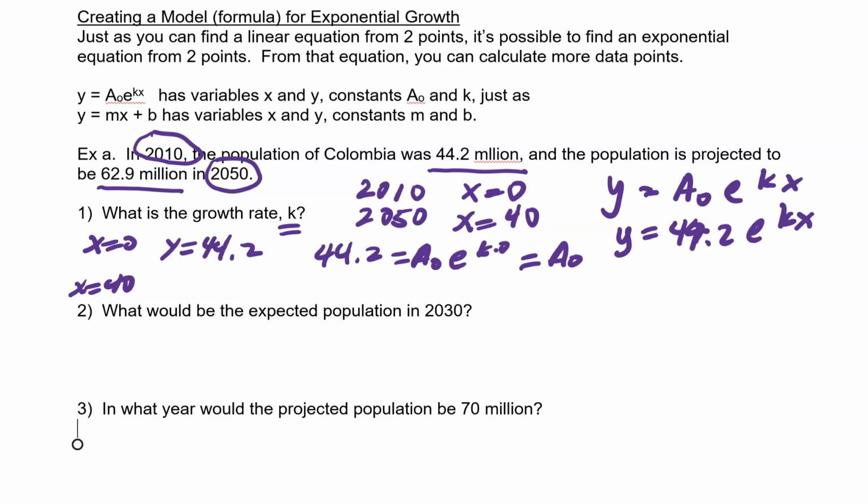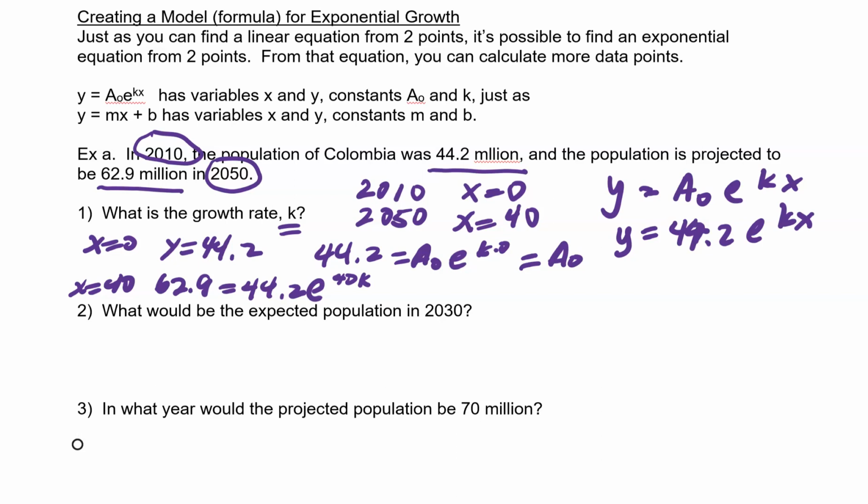We get then that 62.9 is equal to our 44.2 times e raised to the 40k. And I know this is a little bit cramped here, but let's complete the calculation.